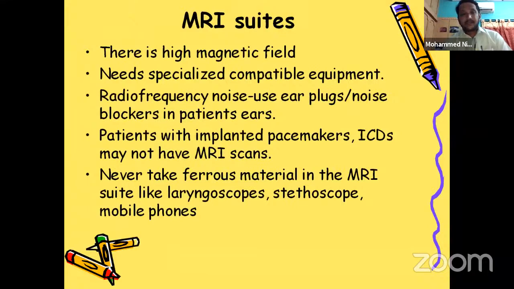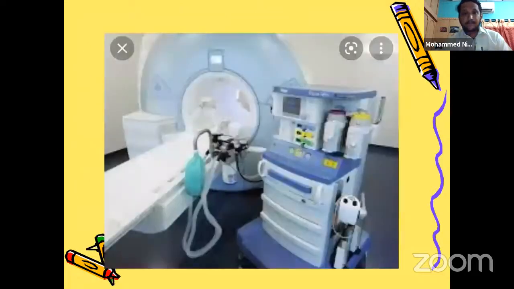Patients with implanted pacemakers or ICDs, that is implanted cardioverter defibrillators, may not have MRI scans. One more important thing is you should never take ferrous material into the MRI suite, like laryngoscopes, stethoscopes, mobile phones, etc. This is the picture of an MRI suite with a Draeger Fabius MRI machine.